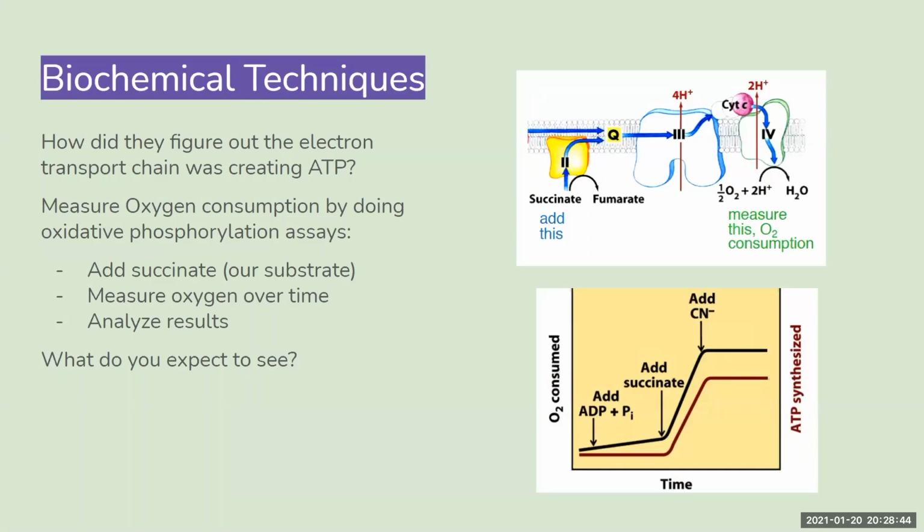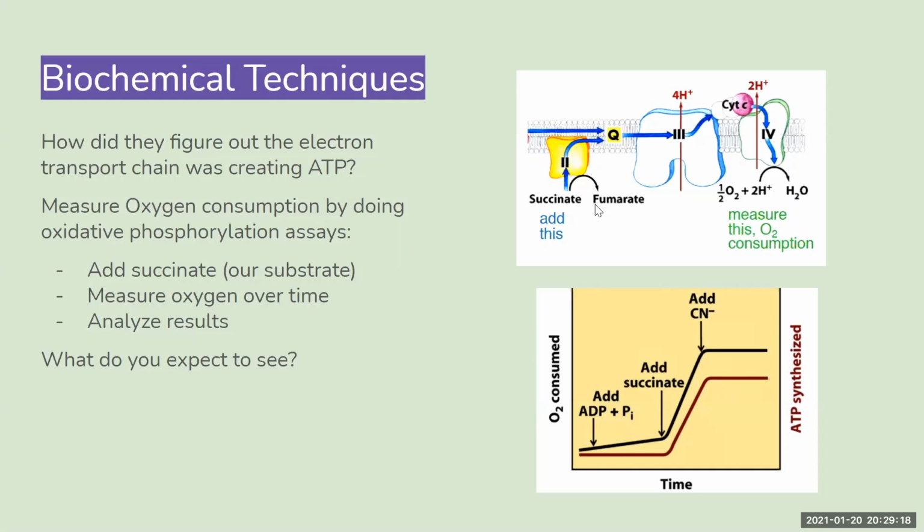So when we look at the electron transport chain, which is inside the mitochondria, and this is where a lot of our ATP is made, how did they figure out the electron transport chain was creating ATP? Well, Peter Mitchell proposed this hypothesis that ATP production is coupled or linked to oxygen consumption. So they confirmed this through testing these complexes by adding this substrate here called succinate and measuring oxygen consumption over time.